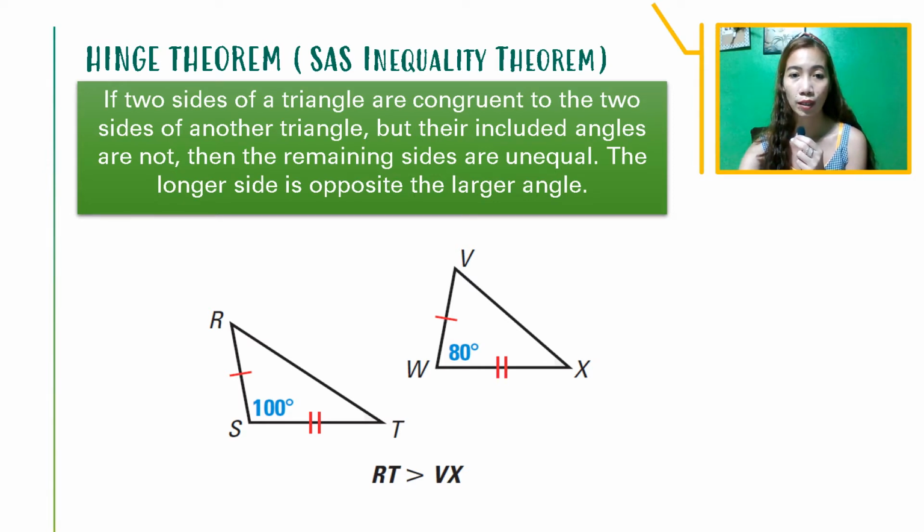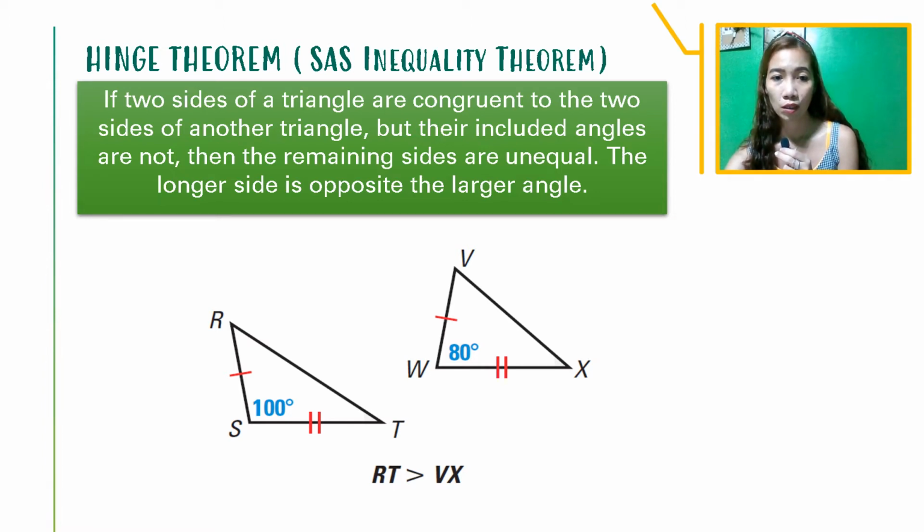Sabi ko nga sa inyo before, those congruent symbols, yung number of lines, indicates kung ano yung mga congruent sides. So what are the two sides of a triangle that are congruent?